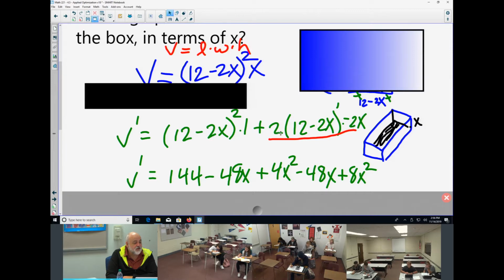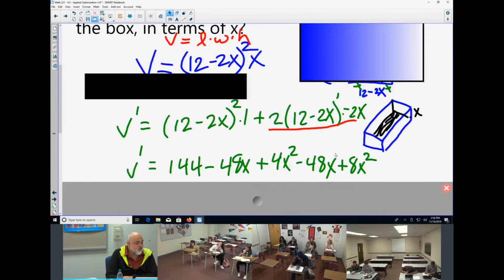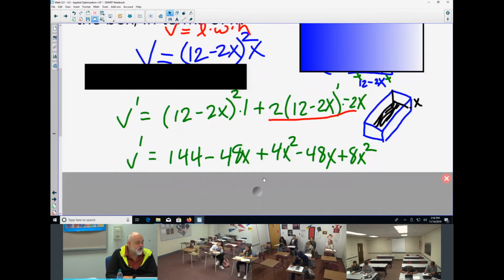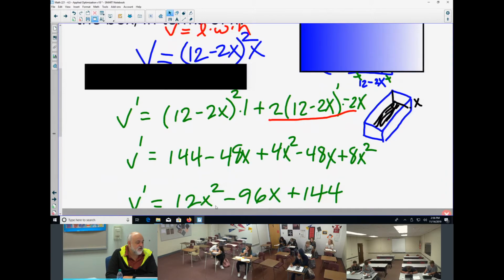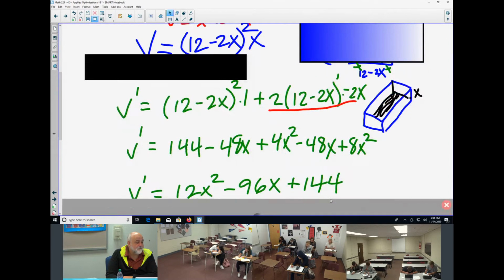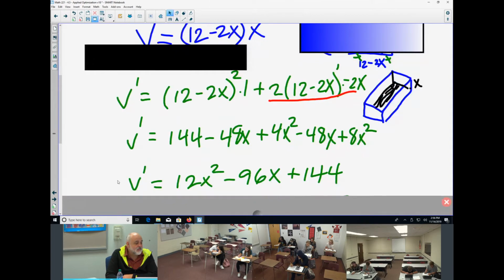So negative 4x times 12 is negative 48x, times negative 2x is 8x squared. Now, if this wasn't to the first power, you couldn't multiply through like that. Then combining like terms here, I get 12x squared minus 96x plus 144. Okay? So, any questions on the derivative?